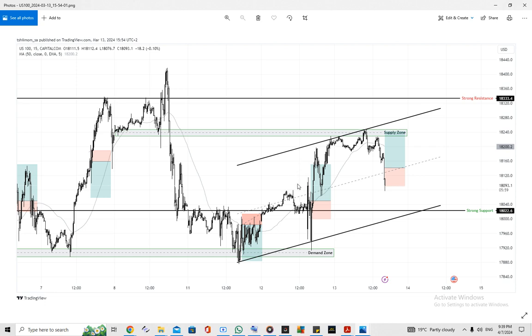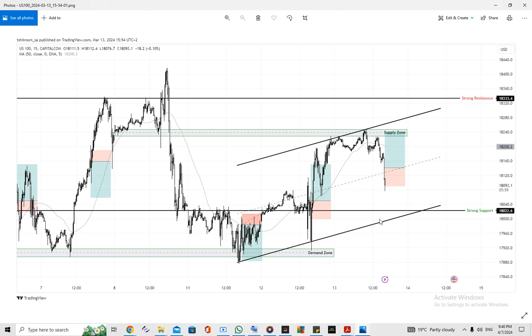So I started drawing channels that don't make sense, but this channel actually started making sense at the end of the day. As you can see, we had a touch here and the second touch here. The market pushed to the upside. We had the touch here and that third touch there.